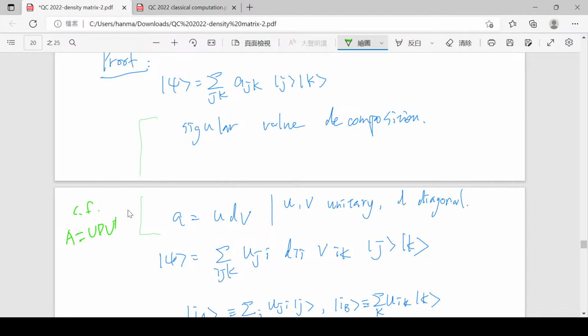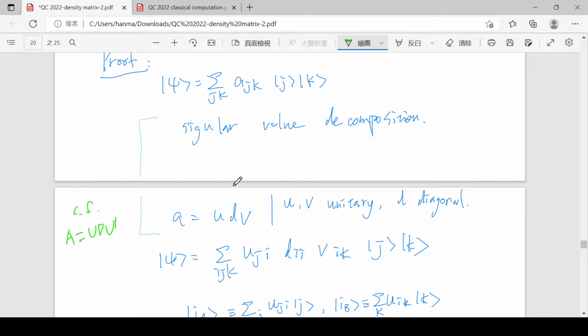Singular value decomposition is more flexible because U and V can be different matrices. It is more powerful because even a non-square matrix can be written this way. You can look up a linear algebra textbook or Wikipedia to see how this is done.